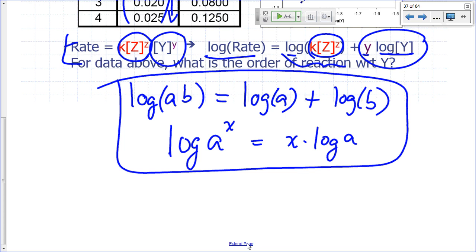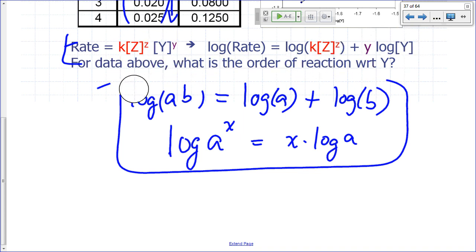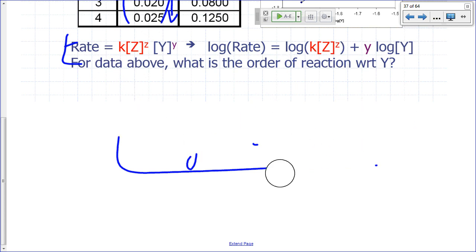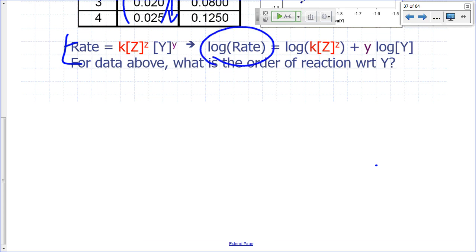So what we did here, when we took the log of y raised to the power y, for the concentration of y, we moved the exponent in front of the log. Okay, so if you look at this equation right here, what do we see? You have a quantity, log of rate, which can be calculated by multiplying the log of y, another quantity.